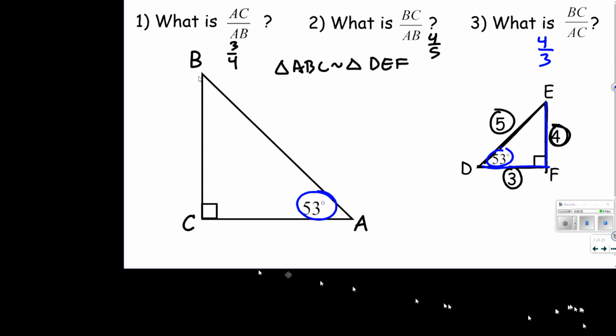The ratio of the opposite side to the adjacent side was 4 to 3. That's the same thing we got over here when I compared the side opposite that angle to the side adjacent to that angle. So certain angles in right triangles have certain ratios that go with them. And these ratios have names, and that's what we're learning today. They are the sine, cosine, and tangent.